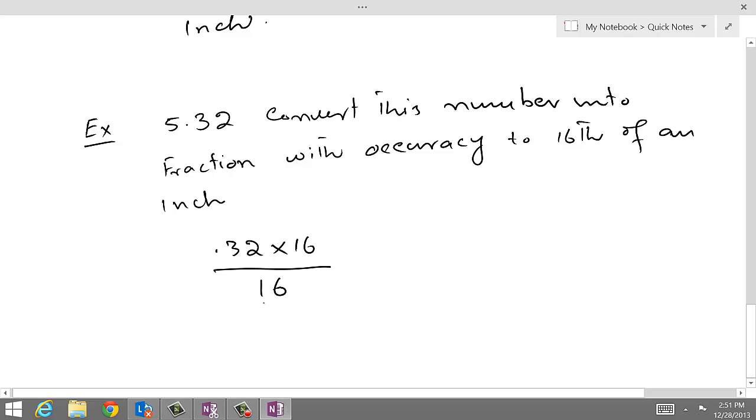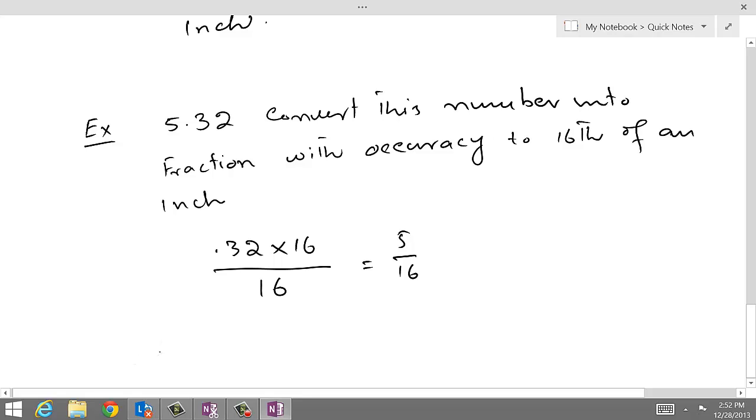But let's multiply this. 0.32 times 16 will give us 5.12. So keep just the integer part, that will give us 5/16.